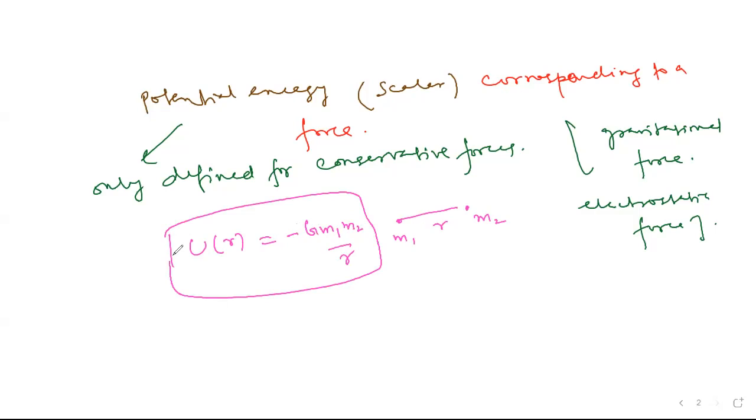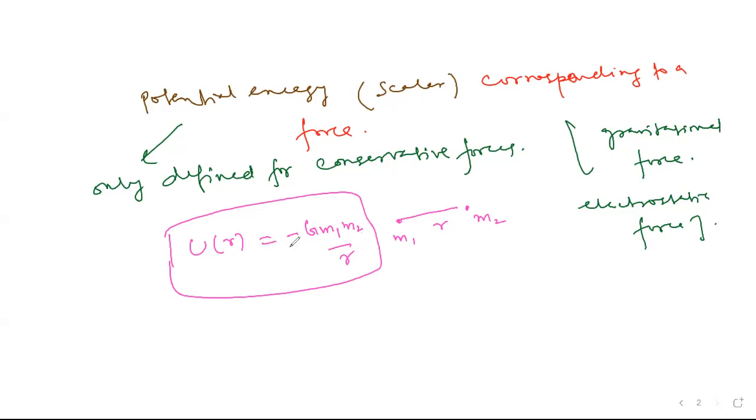If I have two masses separated by distance r, then the potential energy due to this gravitational force stored in the system of masses is minus G m1 m2 by r.